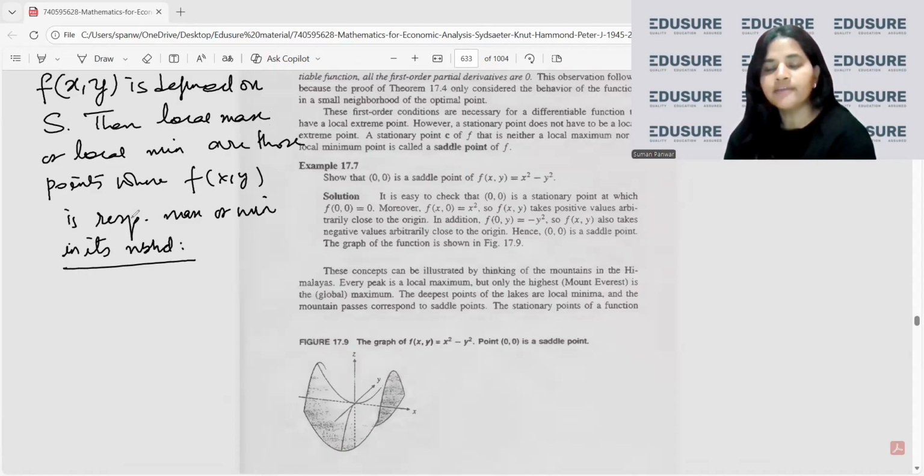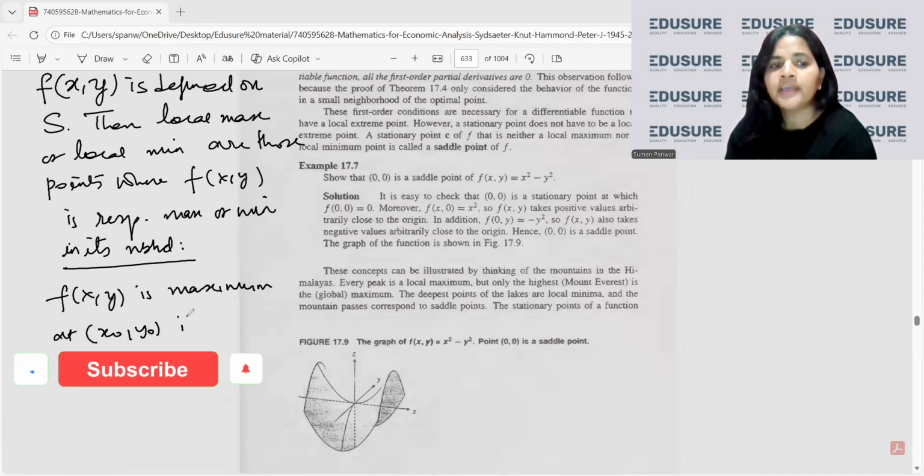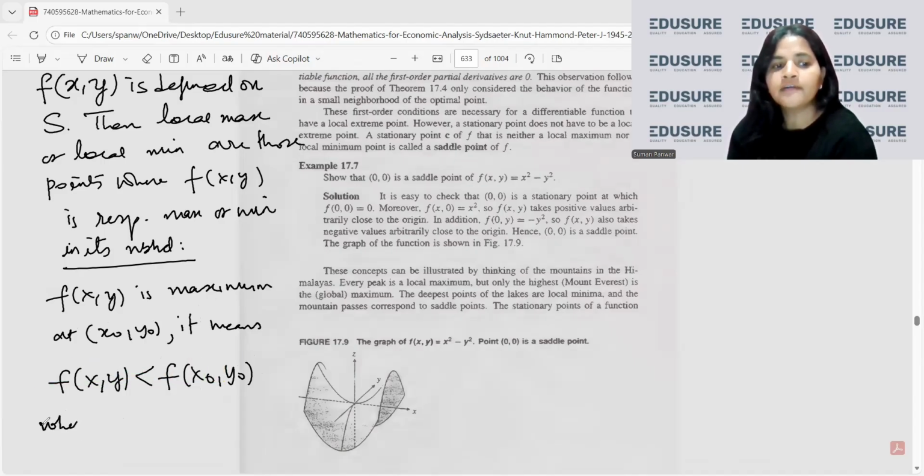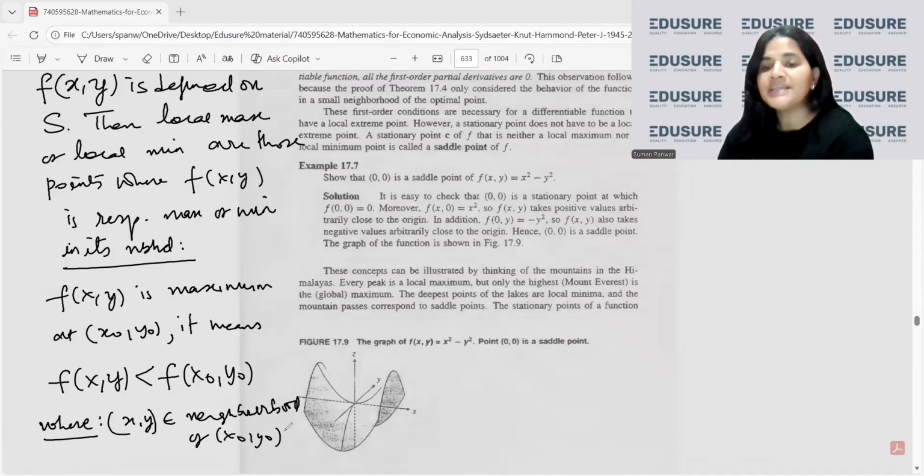For example, if I say that f(x,y) is maximum at (x0, y0), it means that f(x,y) will be less than f(x0, y0), where (x,y) belongs to a neighborhood of (x0, y0). So (x0, y0) is a point in R².